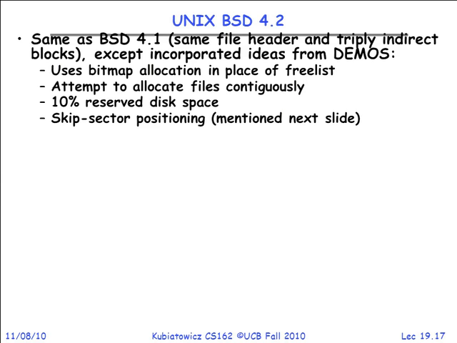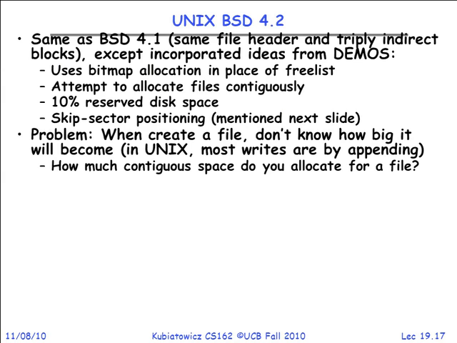Okay? So, for instance, a problem: when you create a file, you don't know how big it is. Okay, what do you do? How much allocation do you do for the file? Right? Because remember, open, write, close. So you never know how big the file is until the very end. So what did they do? Well, in Demos, they actually used power of 2 growth.